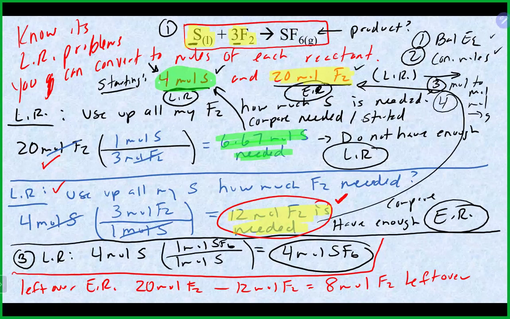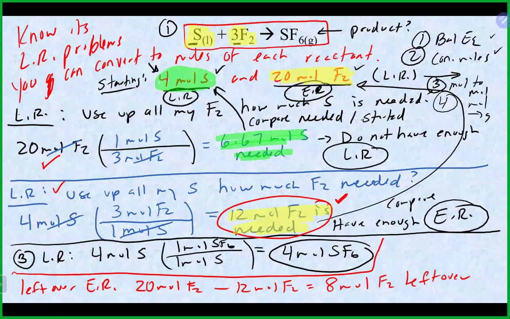The other, more common way nowadays that people are taught how to do limiting reagent problems is they just do two separate calculations, one with, say, the first reactant to the product and one with the second reactant to the product. Just do the whole calculation. And whichever one produces the smallest amount of product would be your limiting reagent and your theoretical yield.